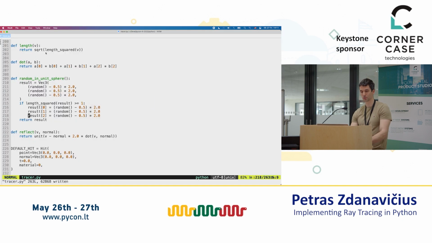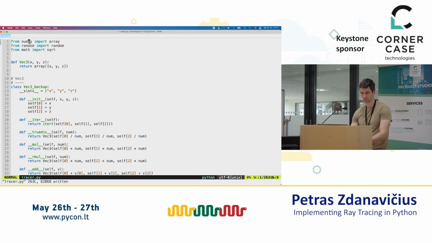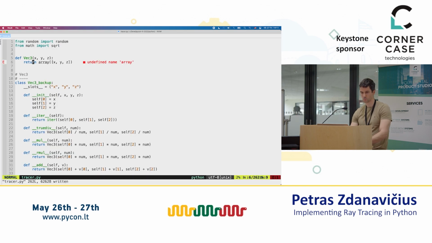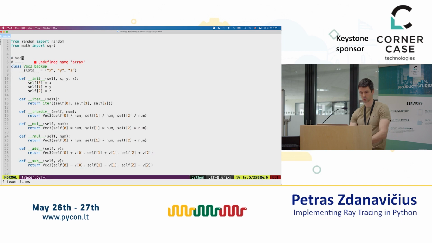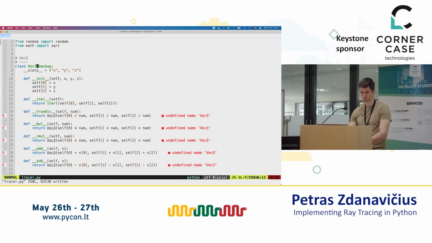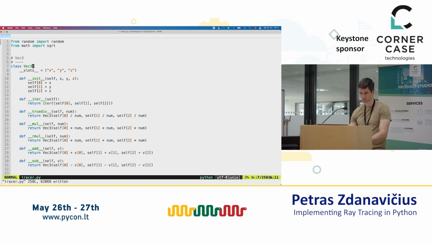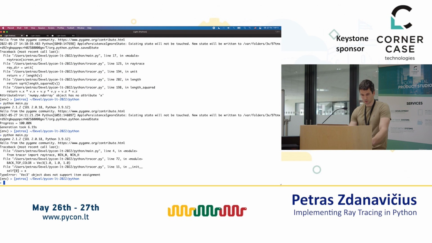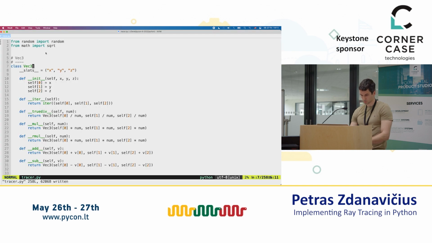There's a problem. You're not supposed to use NumPy with very small arrays, because the overhead of Python is going to hurt performance. So let's go back to vector. We need to restore stuff.